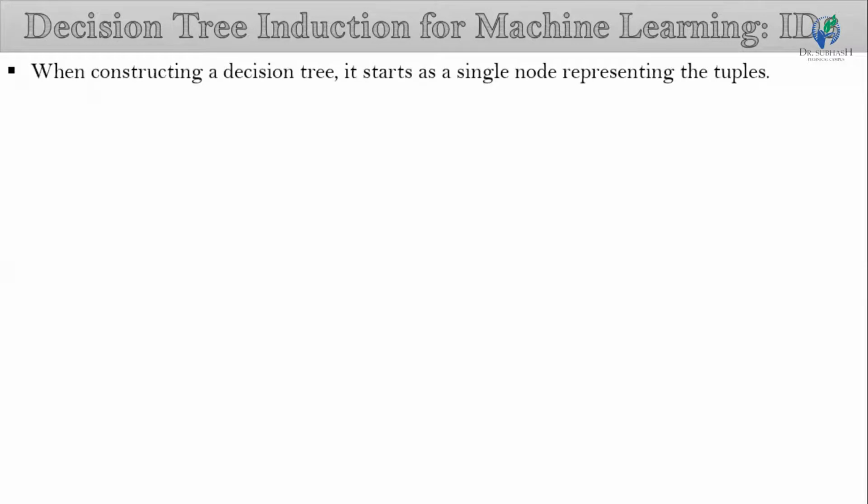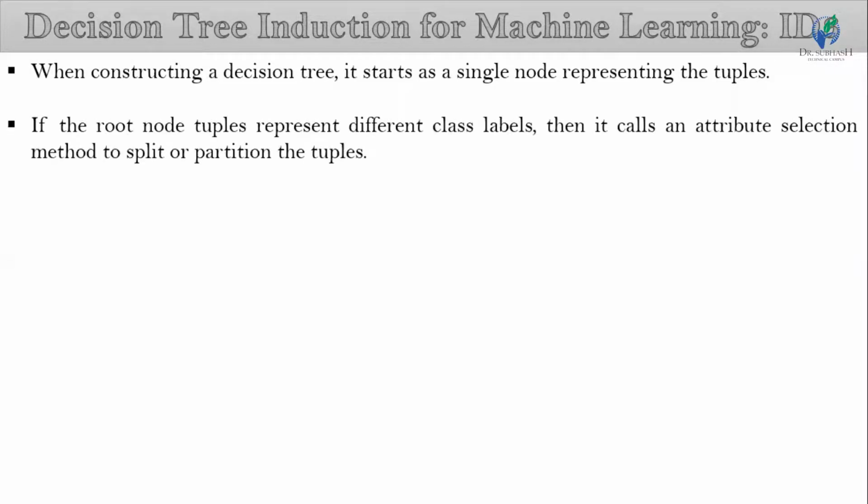When constructing a decision tree, it starts as a single node representing the tuples. If the root node tuples represent different class labels, then it calls an attribute selection method to split or partition the tuples. This step leads to the formation of a branch and decision node.